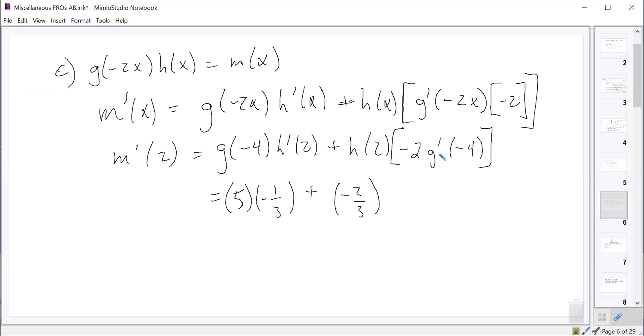What was g prime of negative 4? Negative 1. So we have negative 2 times negative 1, which ought to be a positive 2 there. And what does that become? Negative 5/3 minus 4/3, which is negative 9/3, which is negative 3.